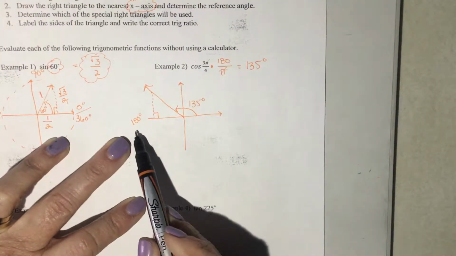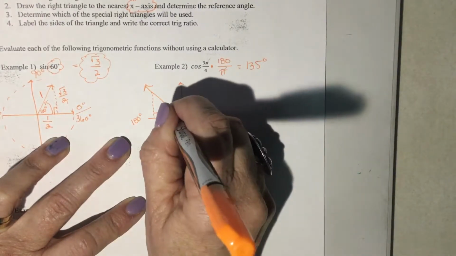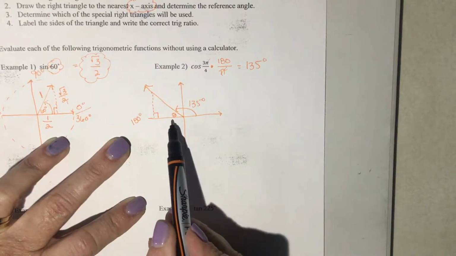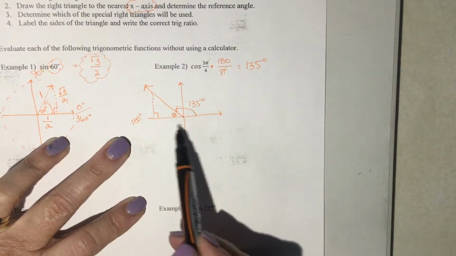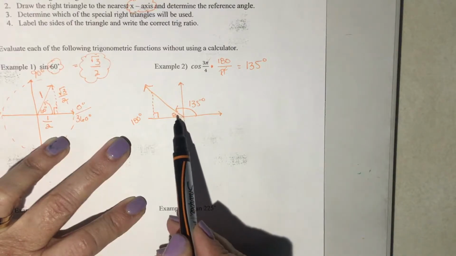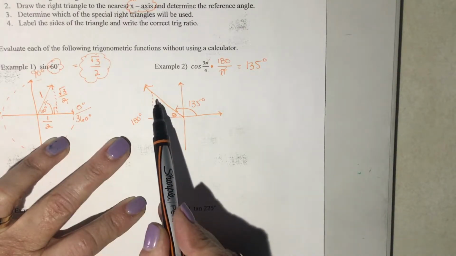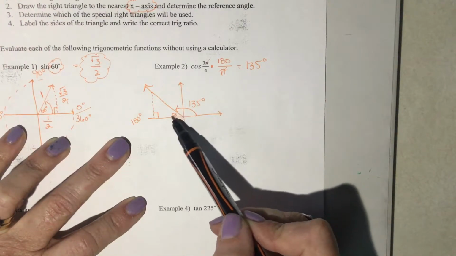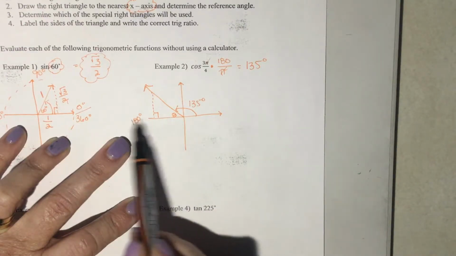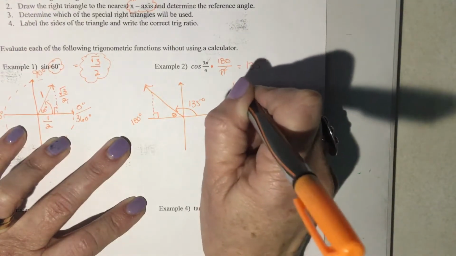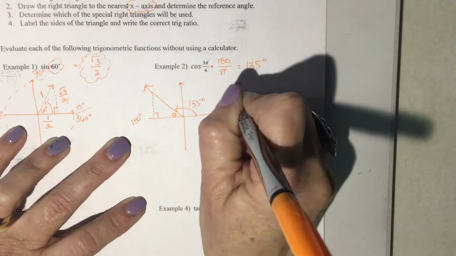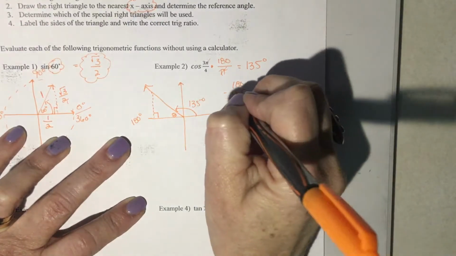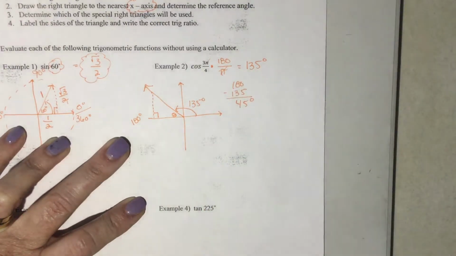Now remember, I'm always looking for the central angle coming out from the center, never the one at the top, always the angle down here. So I take 180, subtract the 135 that I just drew, and find the difference. 180 minus 135 is 45.